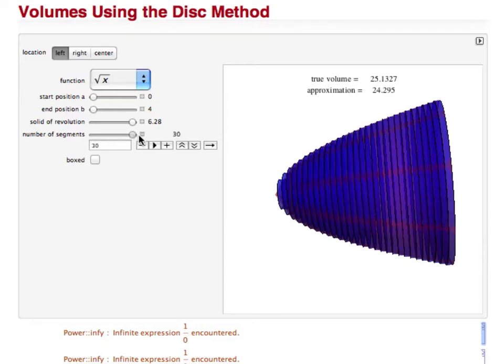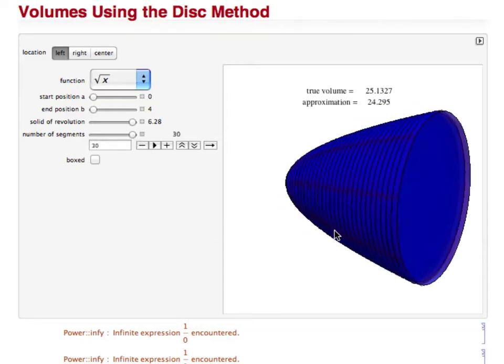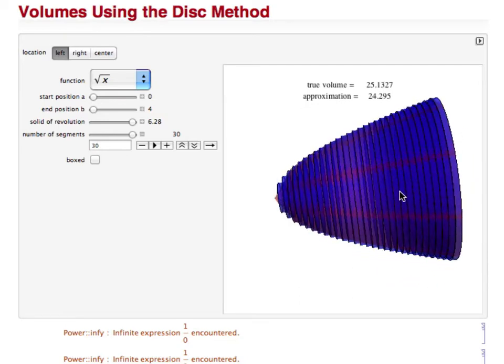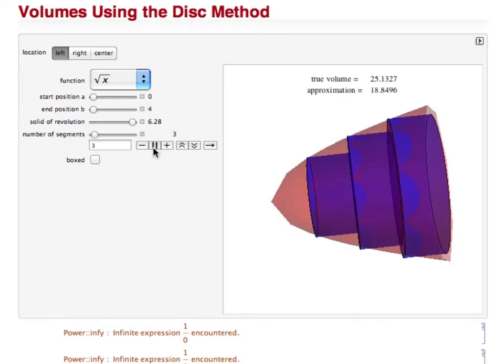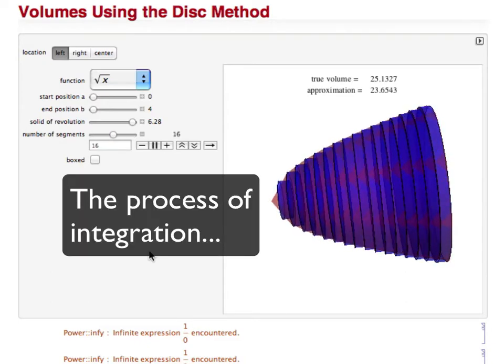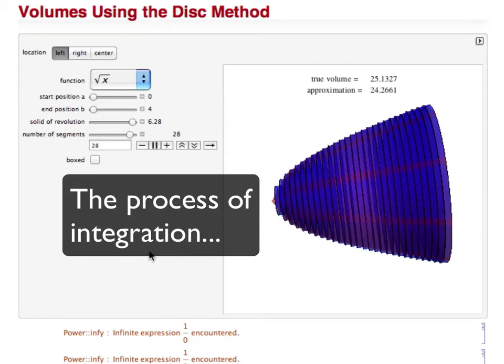And if we increase this all the way up to 30 disks, you can see that our solid looks very much the same. You can see just these little steps right here, and our approximation's getting even closer. So I just want to play this for you so you can view the approximations happening.